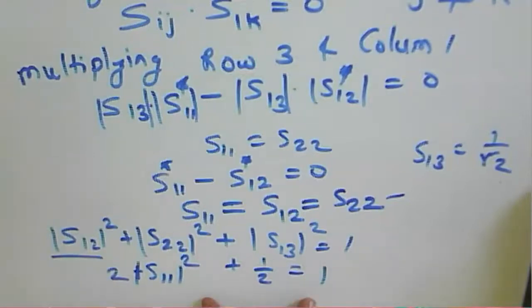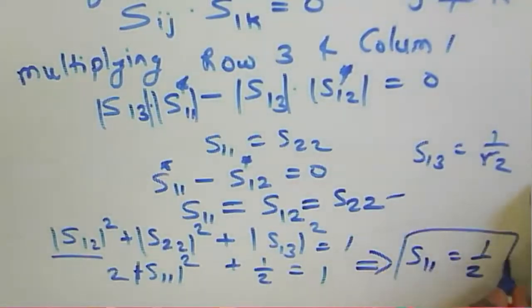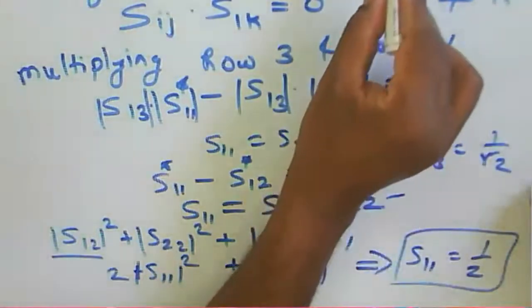So we can solve it here. After solving, we'll get that S11 is equal to 1 by 2. Now we got all the values. S11 will be 1 by 2.